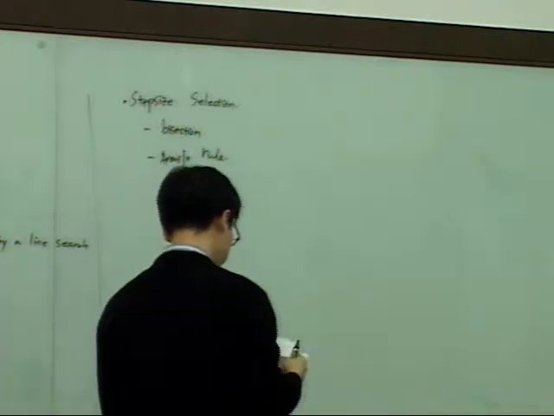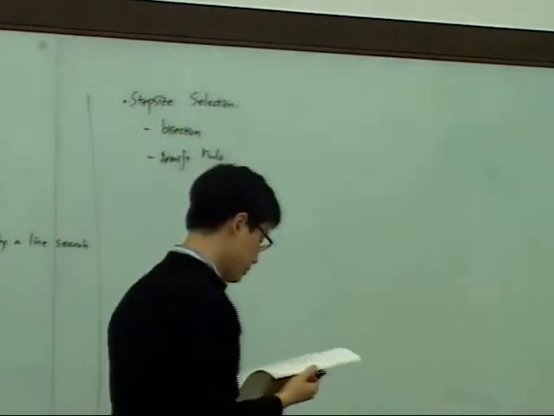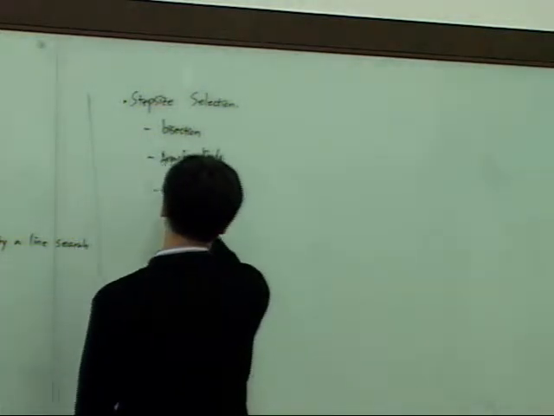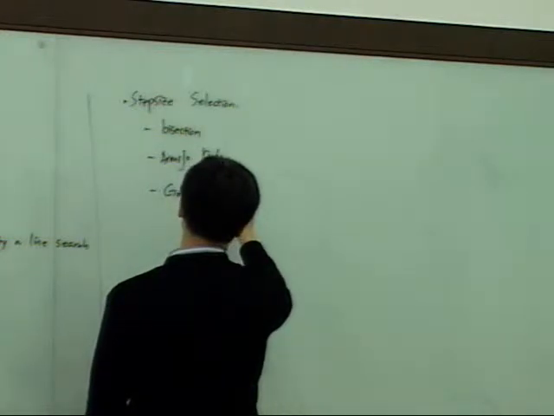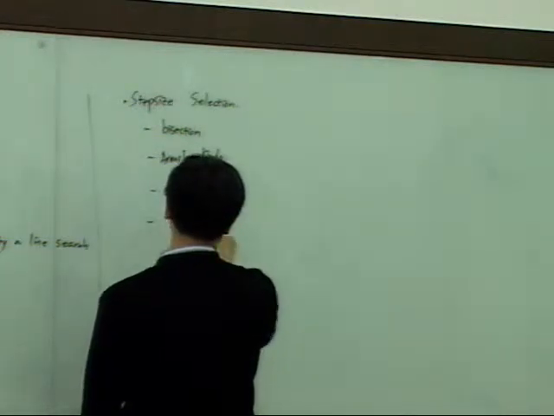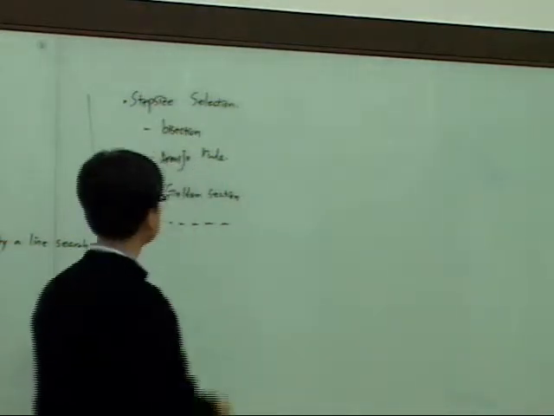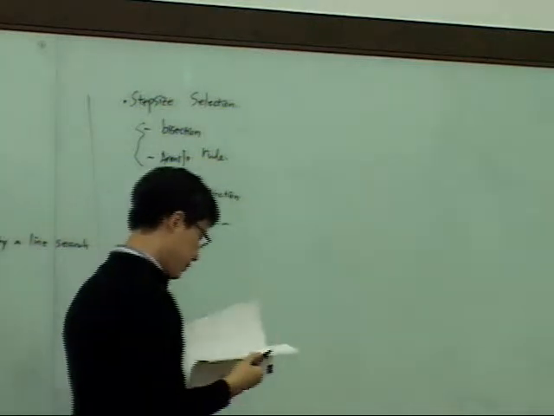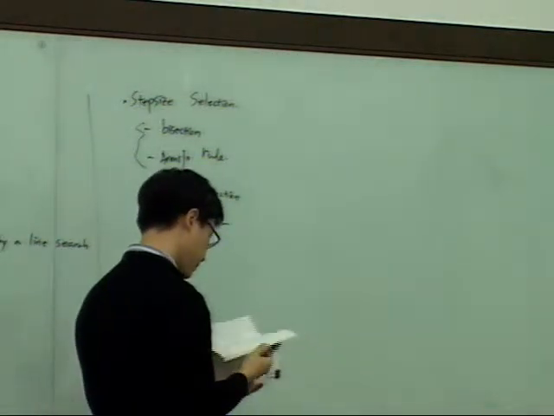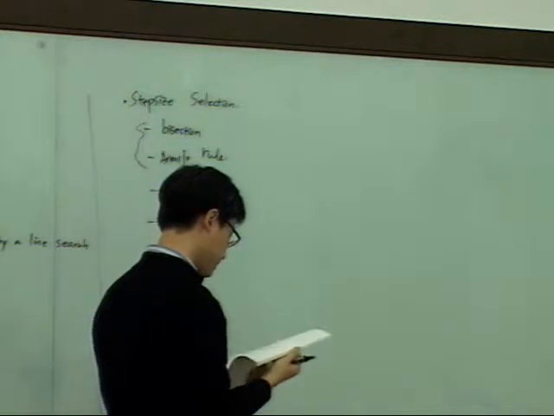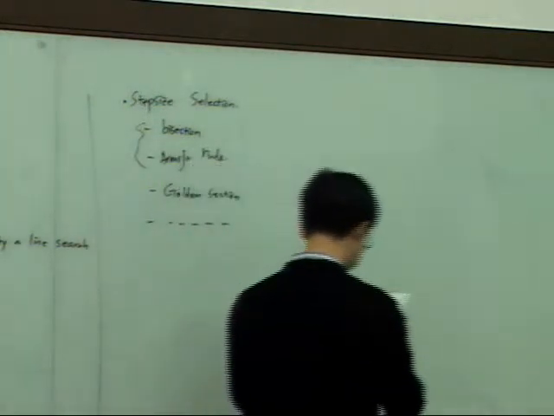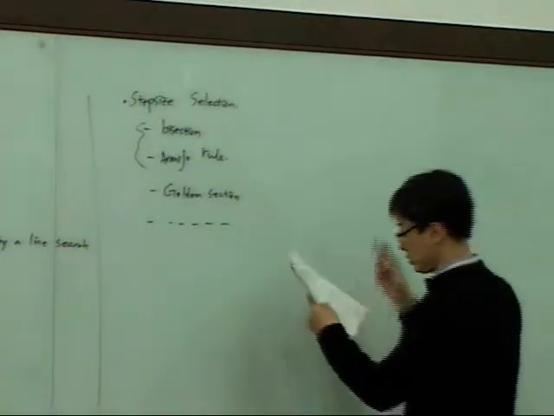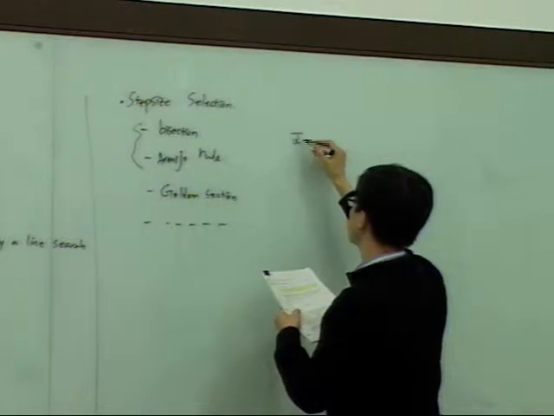And there are numerous other algorithms for step size selection, such as golden section, and many other things, but I will only talk about these two. The step size selection is nothing more than solving this problem.